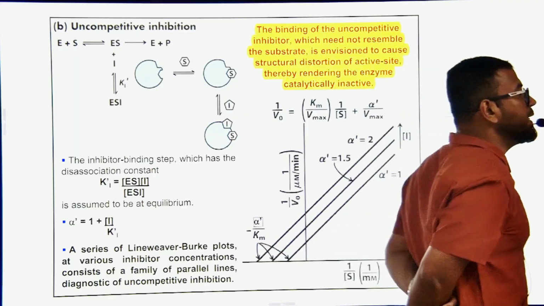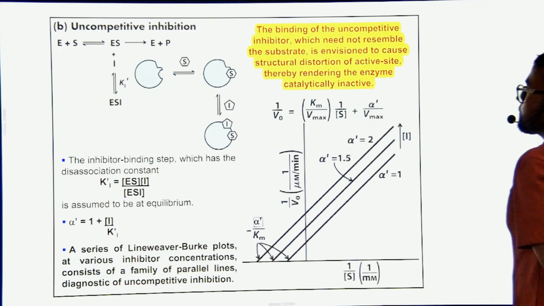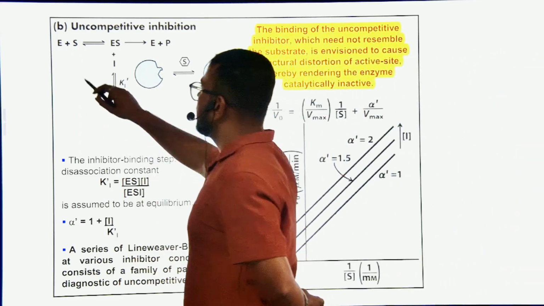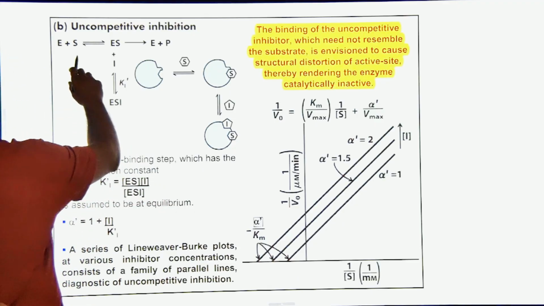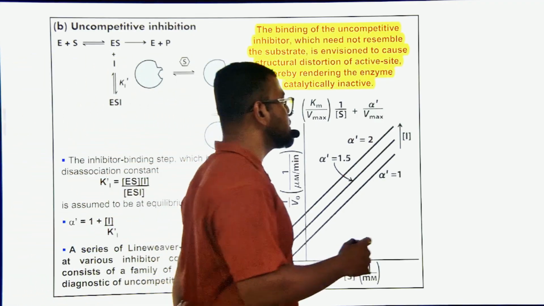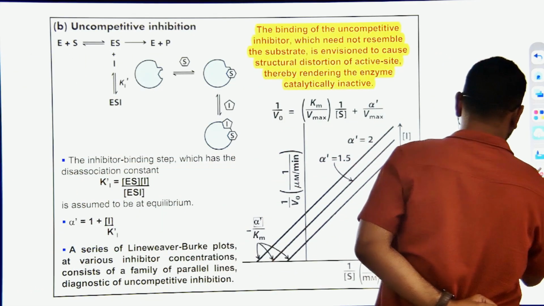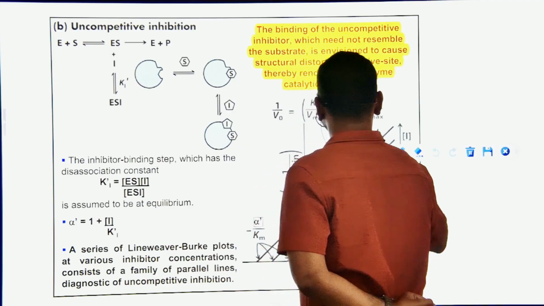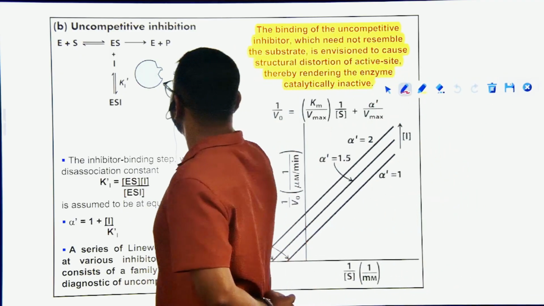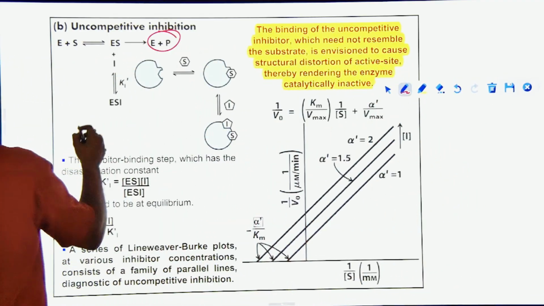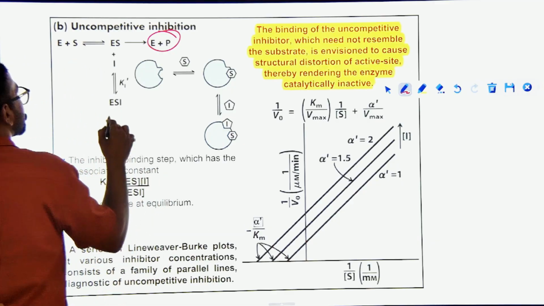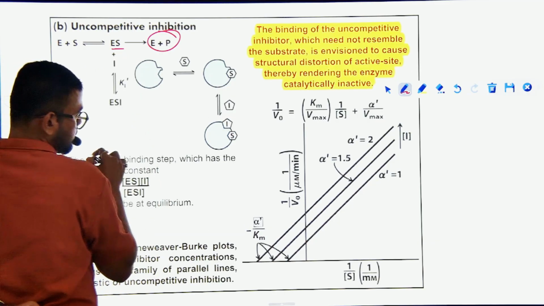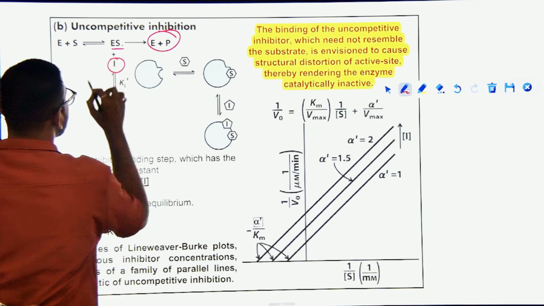In uncompetitive inhibition, we have our enzyme and substrate, and this enzyme and substrate form ES, the enzyme substrate complex. From there, enzyme plus product. Now, the inhibitor binds with the enzyme substrate complex.